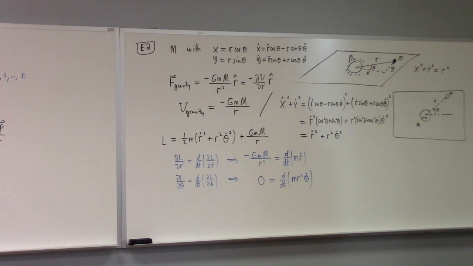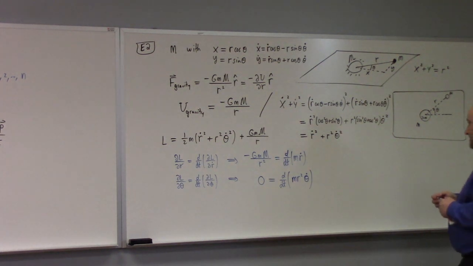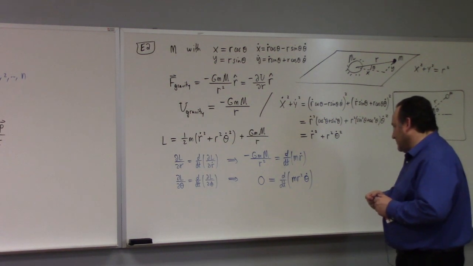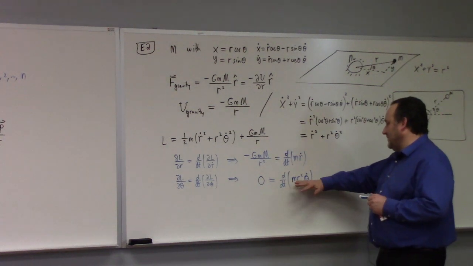Do you know what the derivative of that is? Anybody? 2 m r theta dot r dot plus m r squared theta double dot. Yeah, you could differentiate this, but that would ruin the magic.